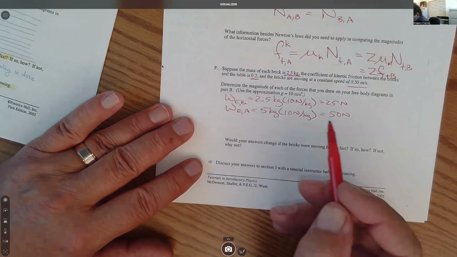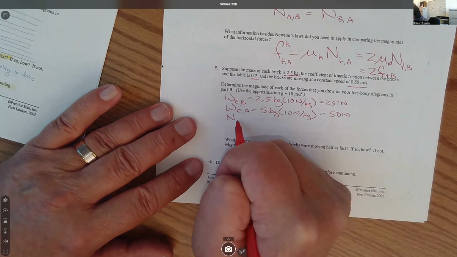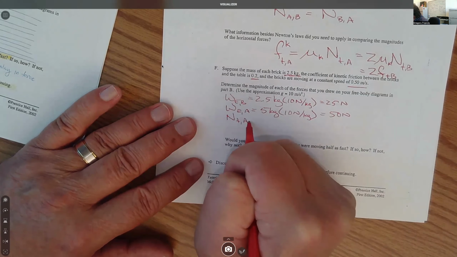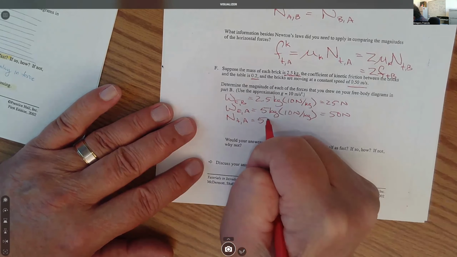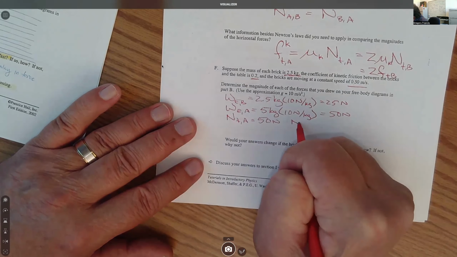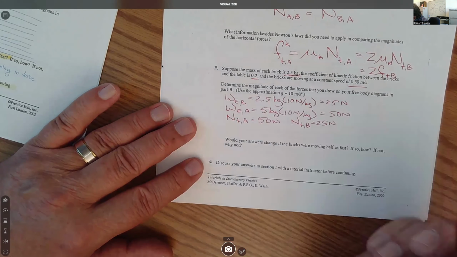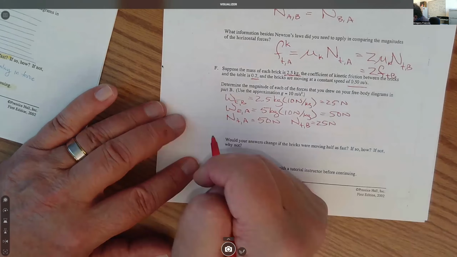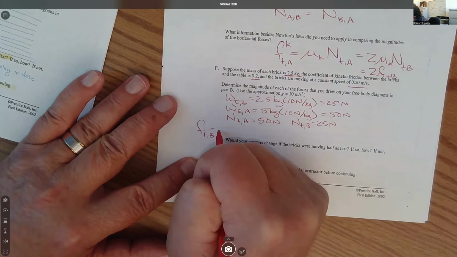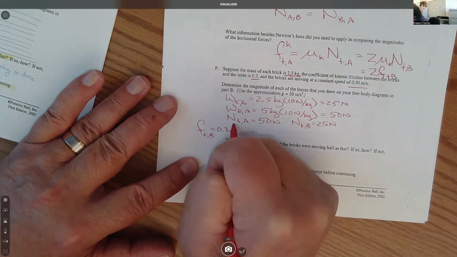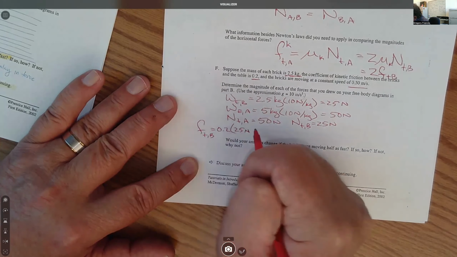The normal forces, of course, the normal force by the table on A is going to balance the weight of A, and so that's going to be 50 newtons. And the normal by the table on B will be 25 newtons. Now, the friction force by the table on B is going to be the coefficient of 0.2 times the normal force, which is 25 newtons.